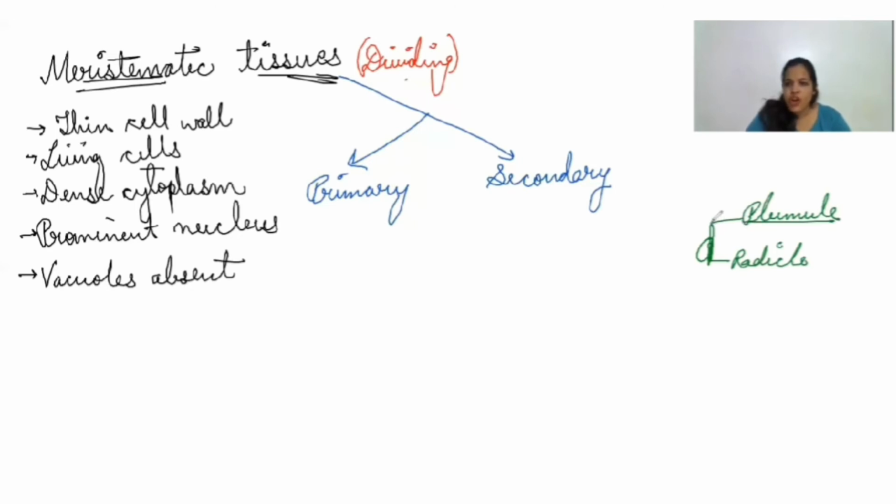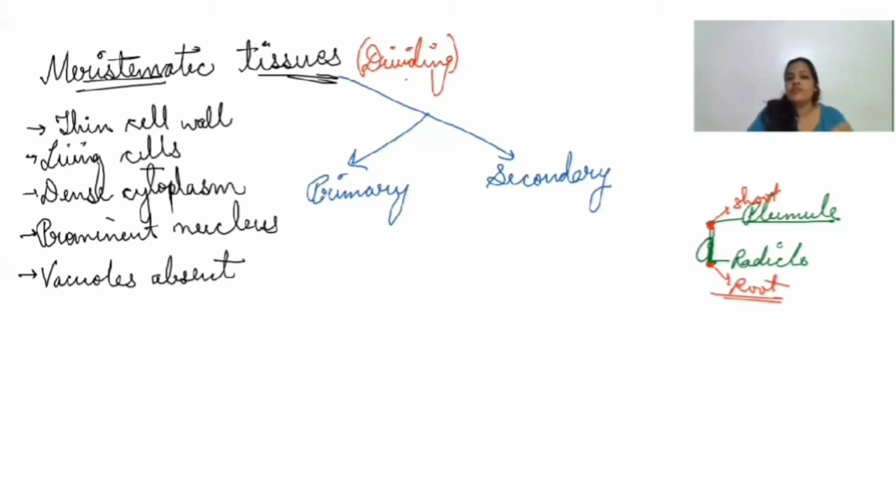This top part, which I'm marking with red, the plumule part, is going to form the shoot system, and the radicle part is going to form the root system. Now how do they form the complete plant? Because the cells present in this part are meristematic, they divide continuously and they form the structure.